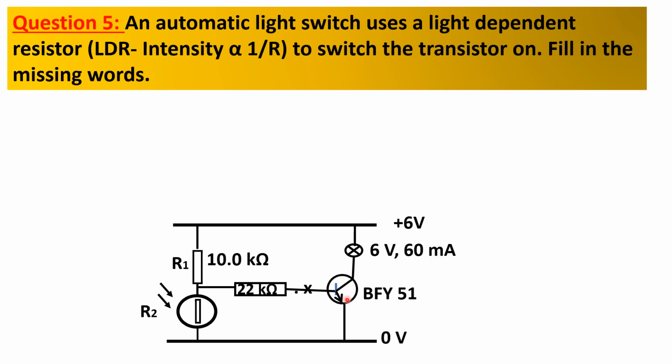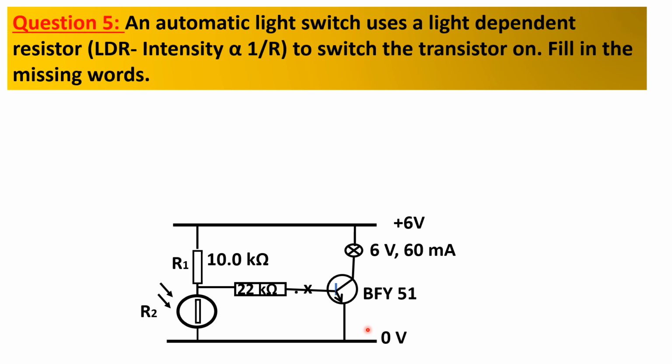So this is the emitter. The emitter is what we call forward bias. This terminal 0 volt is understood to be the negative terminal of the battery.